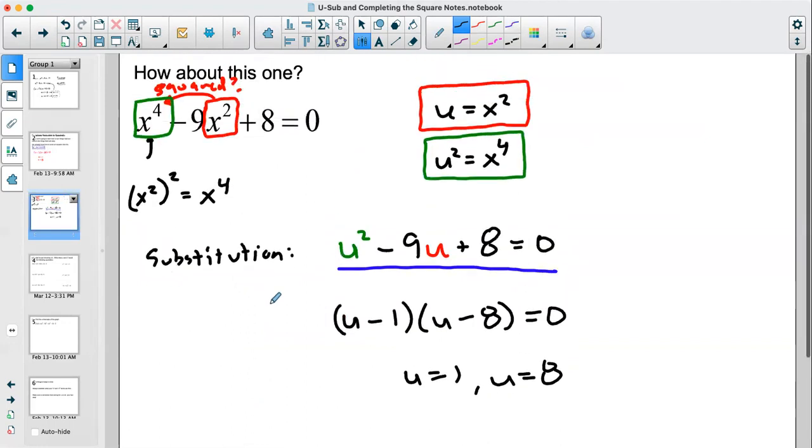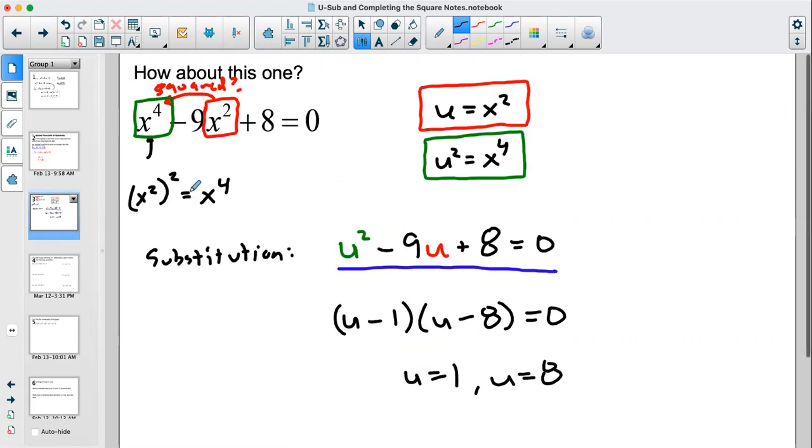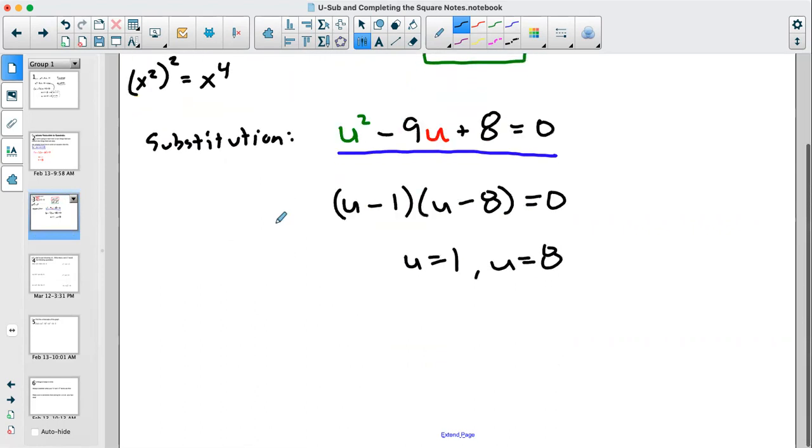And so we've kind of solved this, but we haven't quite finished yet. My last step in these problems is almost never solving for u. I have two values for u, but the question was about what x is equal to make this thing true. And so now I resubstitute, or back substitute.